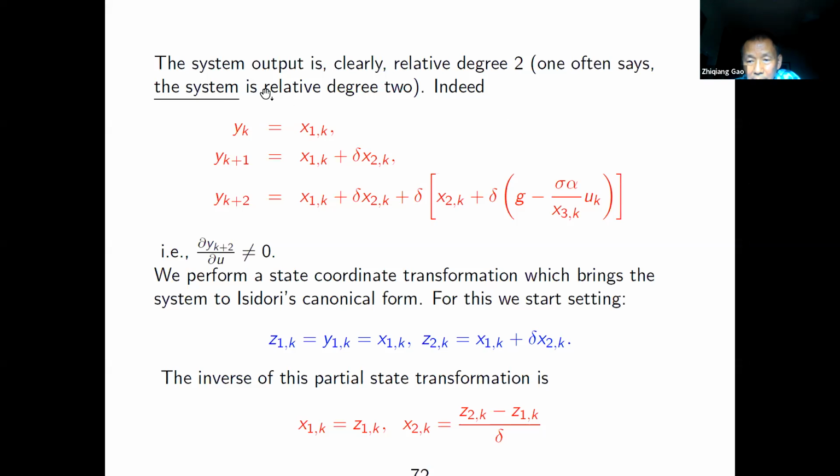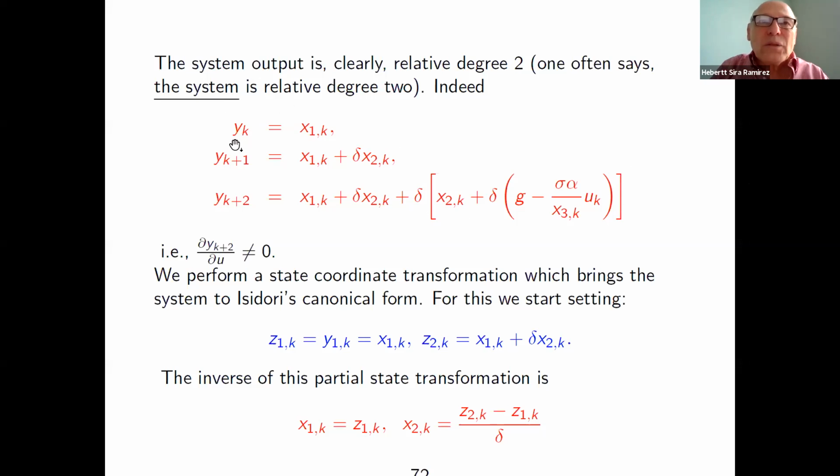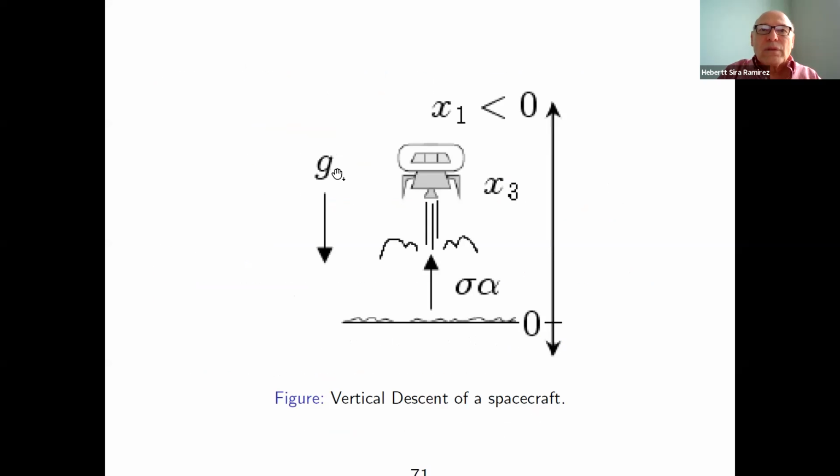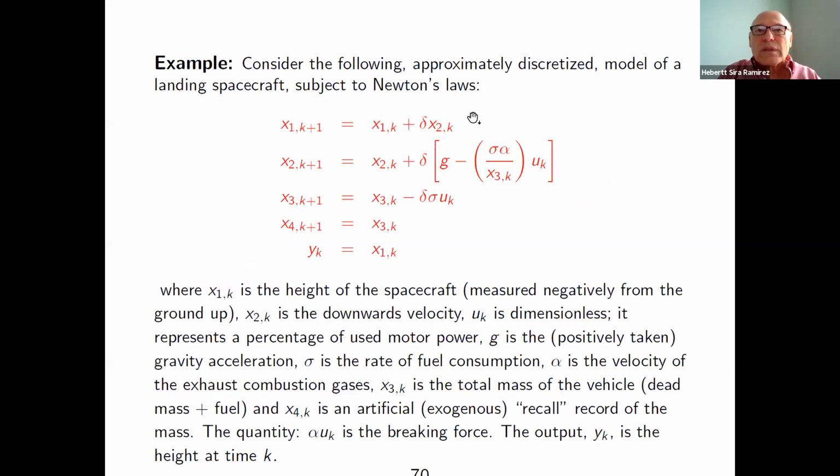Thank you. Okay. So if you take the output as a first state variable, which is sort of an automatic thing to do with the transformation that establishes the linearity between the input and the output, then the first advance of the position is just the first equation in the system, which is this.